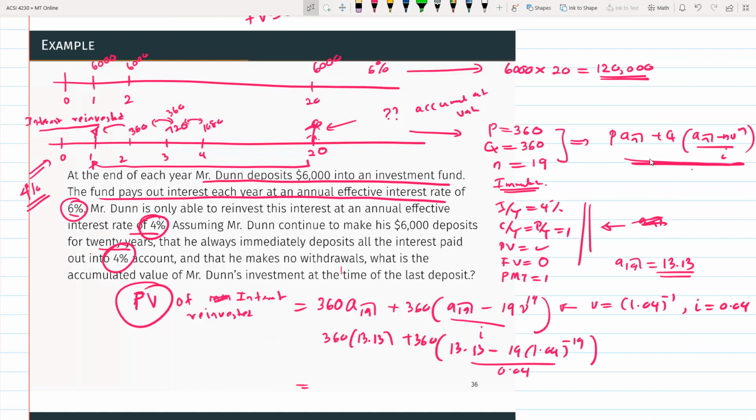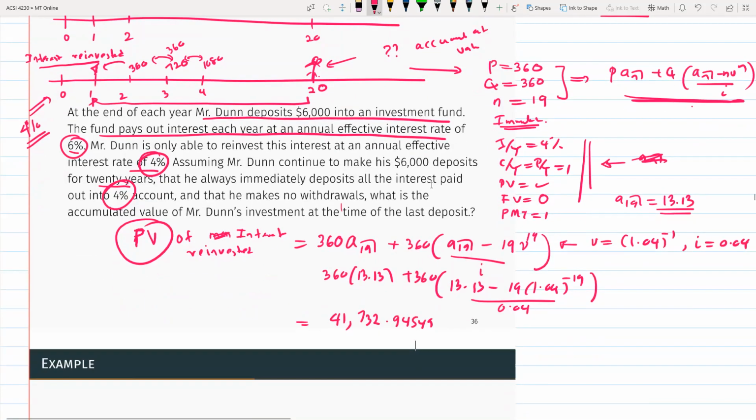Let's solve it and see what the present value is. 13.13 minus 19 times 1.04 to the power negative 19, divided by 0.04, times 360, plus 360 times that. This one is going to be 41,732.94549.